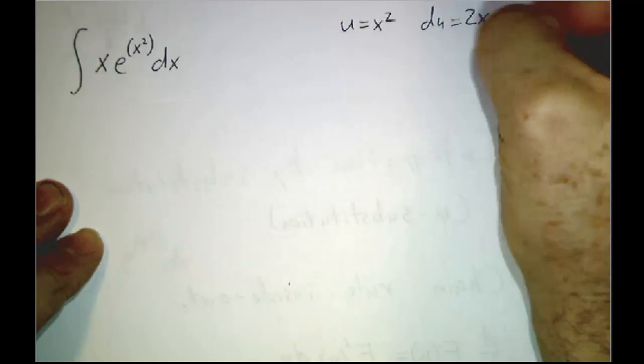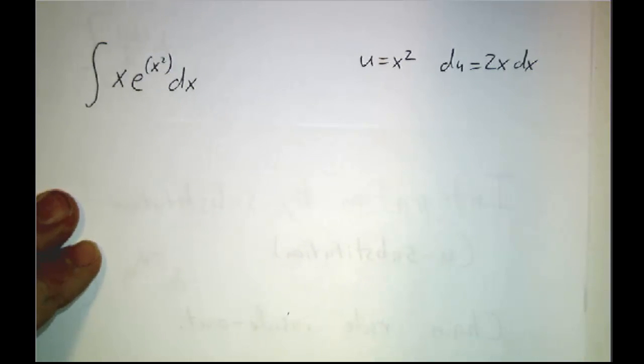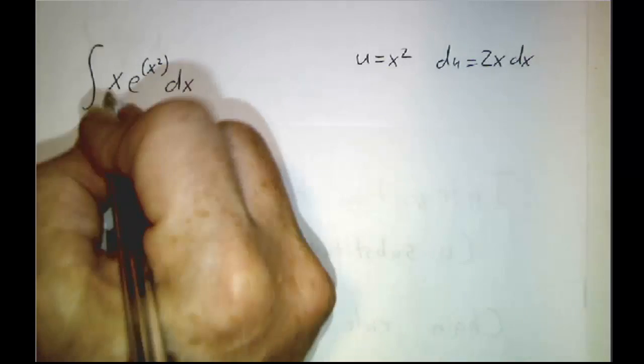Okay, here's another one, a bit more complicated. Let's take x e to the x squared dx. In this case, we want to pick u to be x squared. Then du becomes 2x dx. Now in the last example, we had du staring at us. Here we don't.